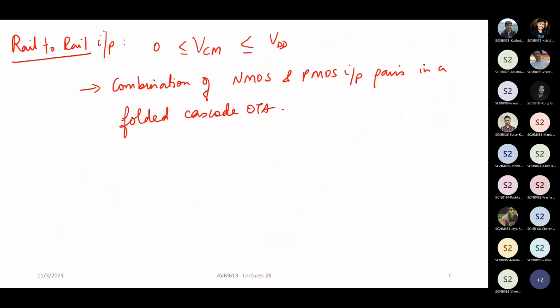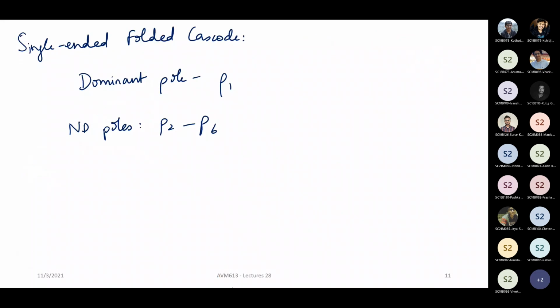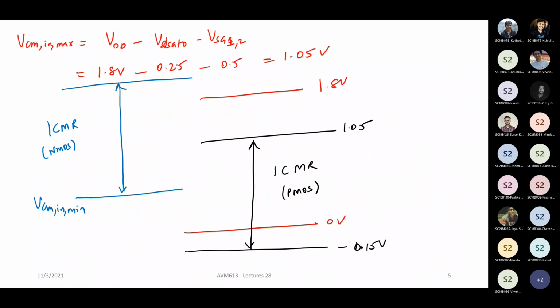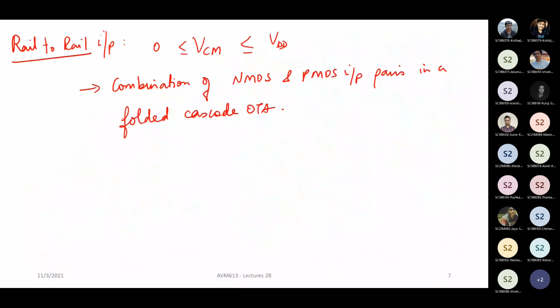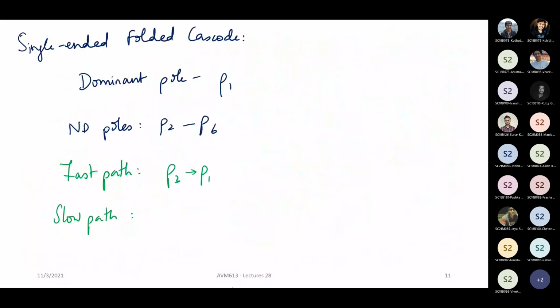The fast path is pole 3 to pole 1, right? The slow path is P2, 4, 5, 6, 1. Okay. So when you have 2 paths, you'll anyway end up with a zero. So that is to be understood.